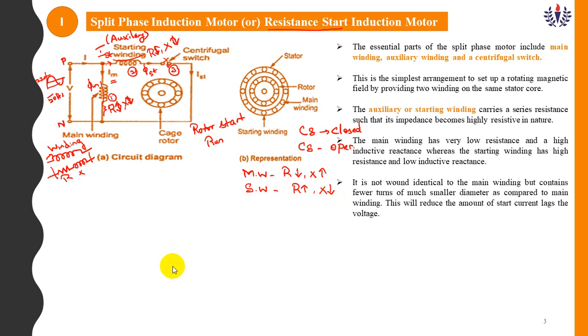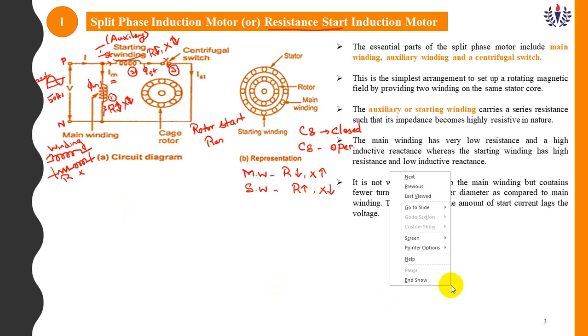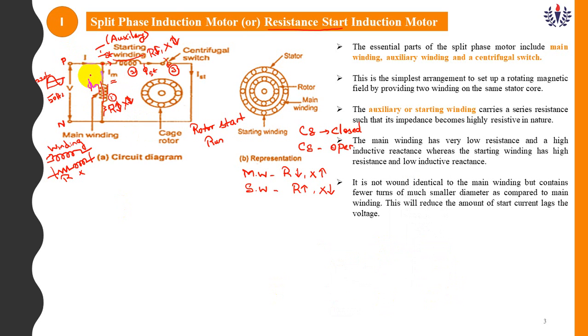As well as the diameter of both the windings. Here in the main winding, the diameter, this line, you see this arrangement, is very high.